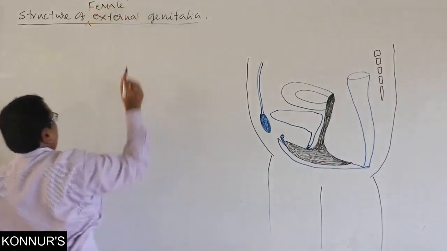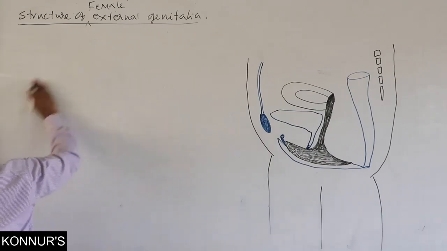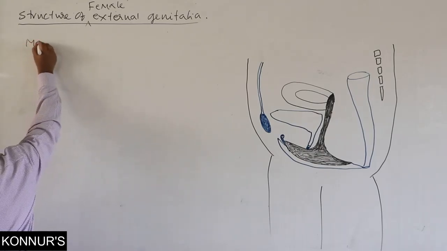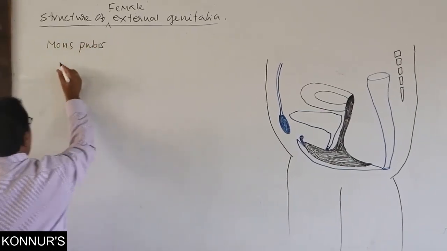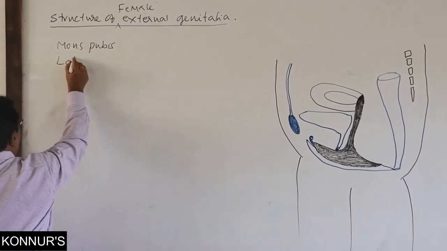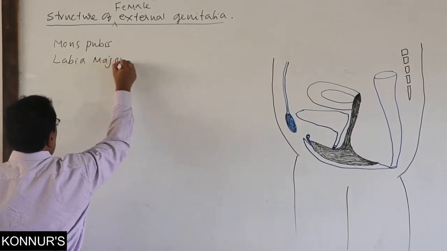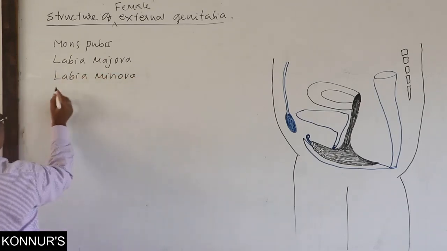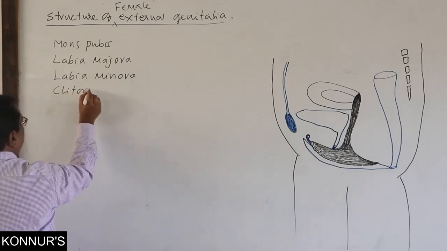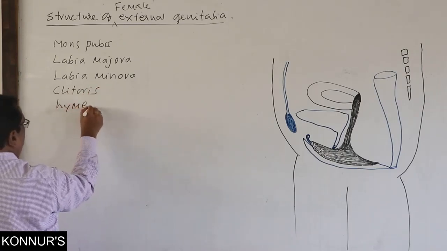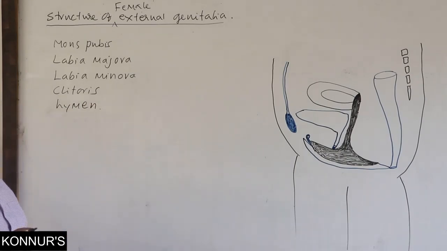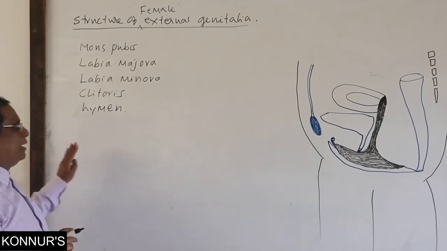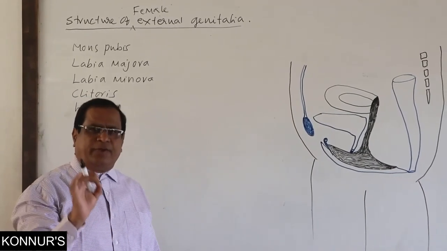Female external genitalia consists of mons pubis, labia majora, labia minora, clitoris, and hymen. These are the parts of the female external genitalia.